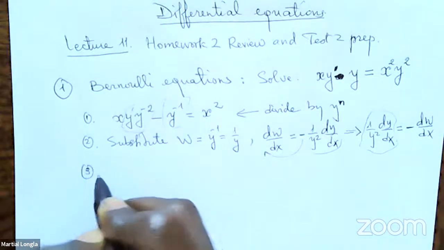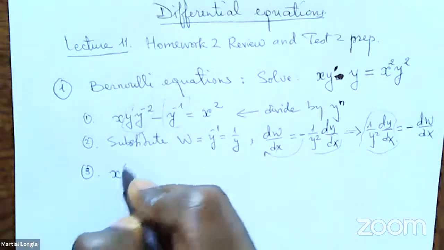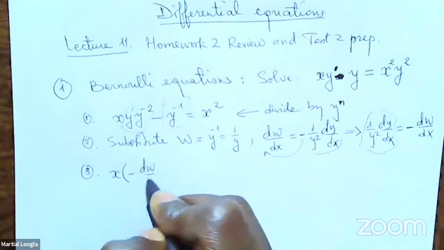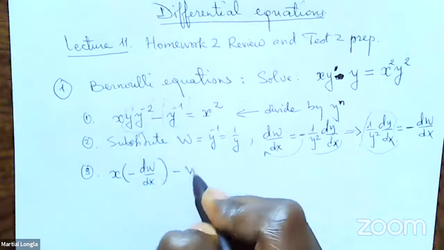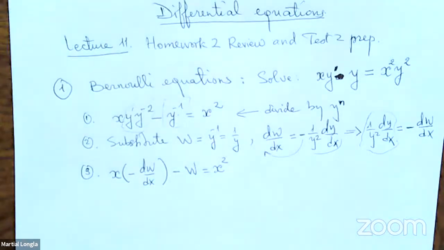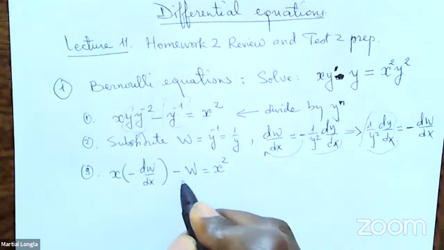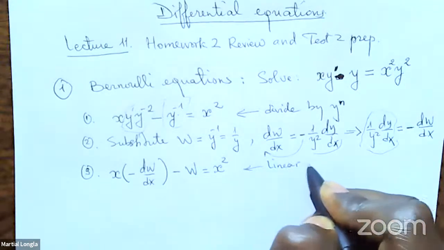So that's the third step. So that's going to be x and then negative dw over dx minus, and this is w, equals x squared. Now, when you do this, you get this equation. It's always going to be a linear equation.